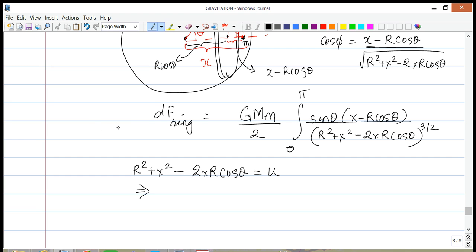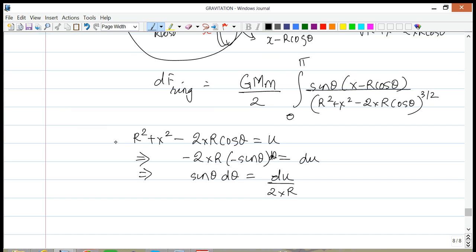So again, differentiating both sides, we end up getting negative 2xr times negative sine theta d theta equals du, and this ends up giving us sine theta times d theta is equal to du divided by 2xr.